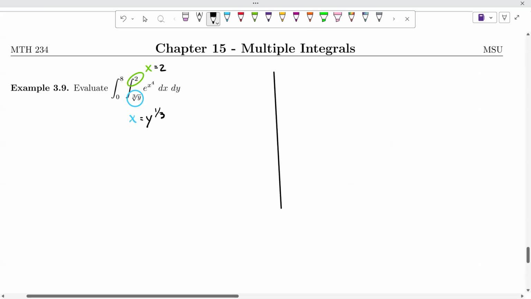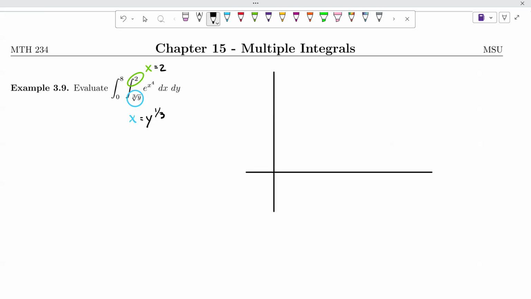So if I go create a graph of that region, my couple of curves ought to be x equals 2 and x equals, let's try that one more time, x equals y to the 1/3 or y equals x cubed.